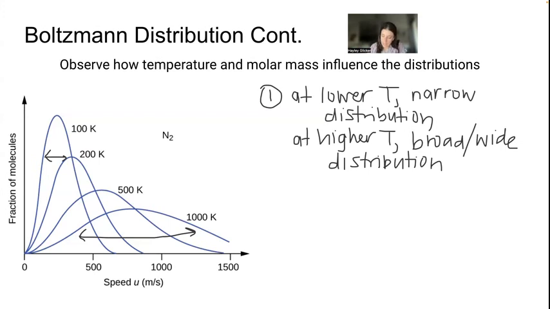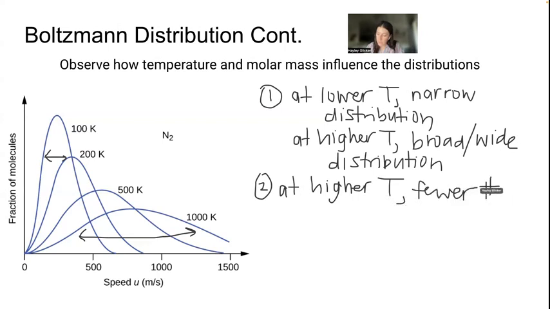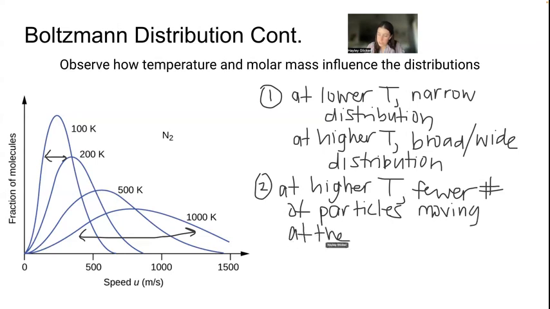So at a higher temperature, we have a fewer number of particles or molecules moving at the most probable speed.